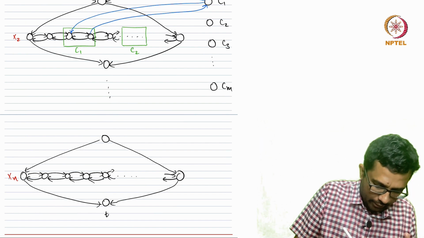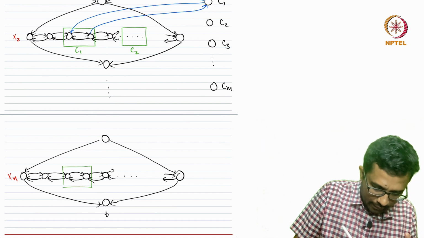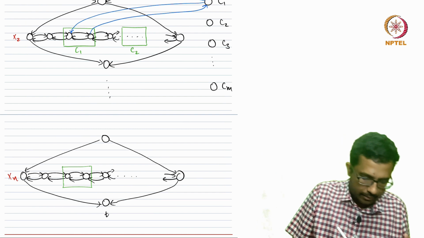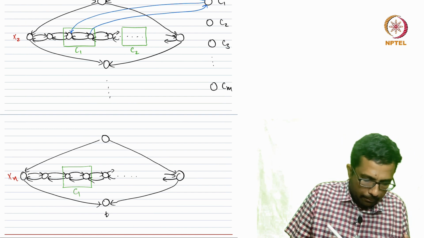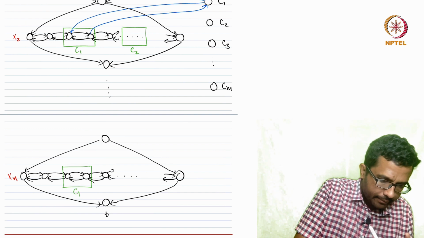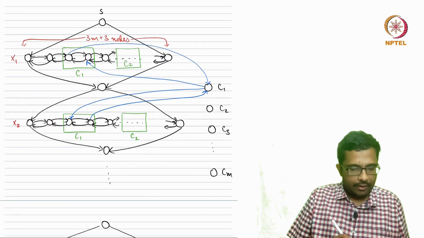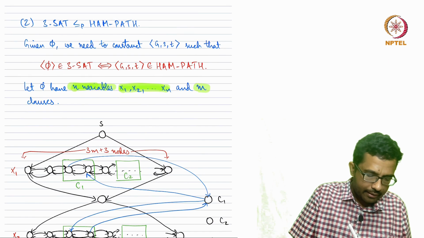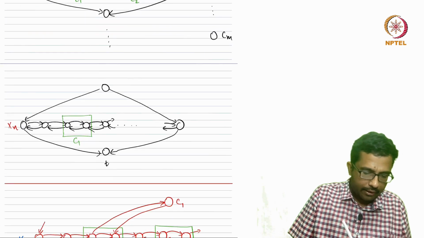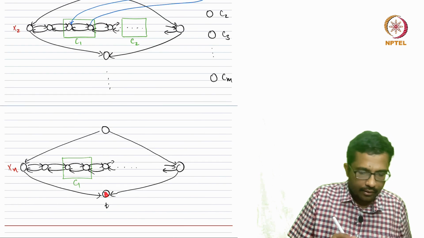Maybe I can just draw them. This corresponds to C1, and so on. The bottom vertex of the nth diamond is T. So the top vertex of the first diamond is S, and the bottom vertex of the nth diamond is T.